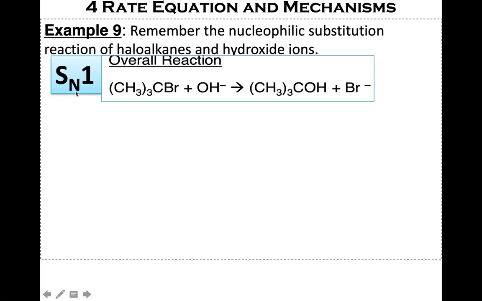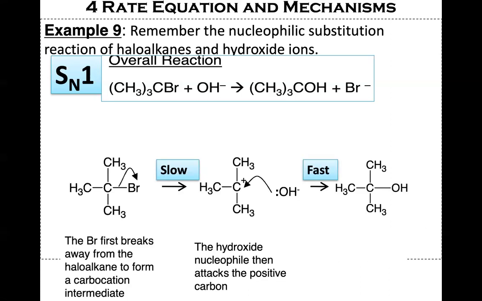So the way to memorize this is that in your first slow step, there's only the halogenoalkane involved. As you can see, the nucleophile is not attacking in the first step, right? This is the slow step. That means there's only one molecule present in the rate determining step.